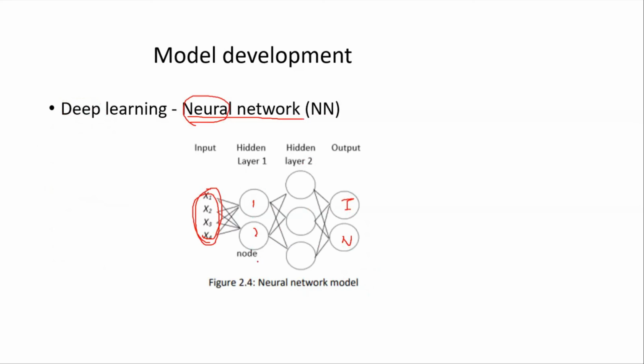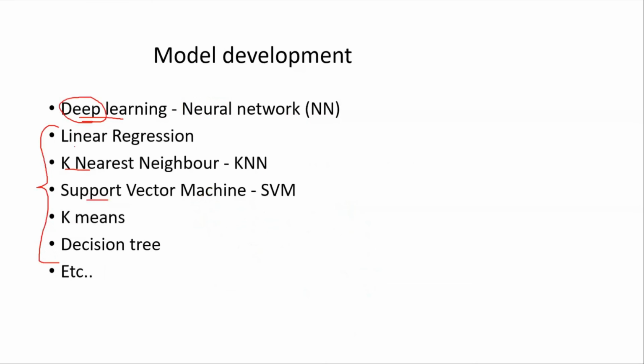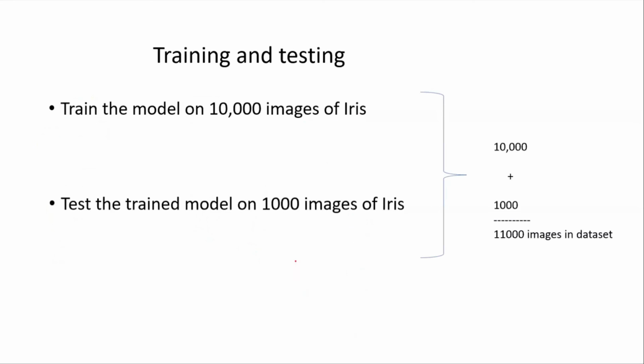So that's very deep, very big, huge. And training and testing are basically straightforward. If you have 10,000 images, you can train the model on 10,000 images and test on 1,000. So in total you need 11,000.